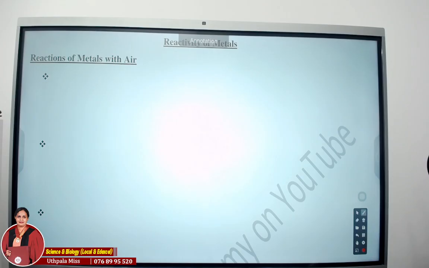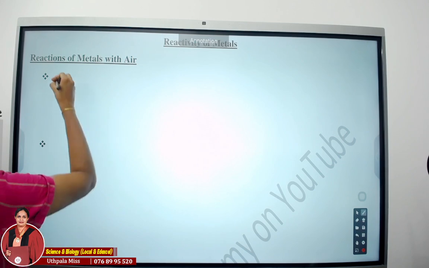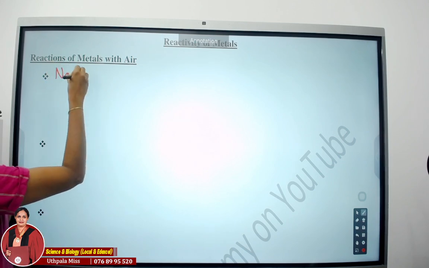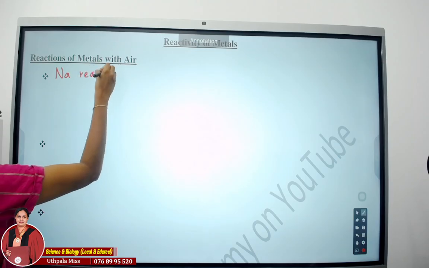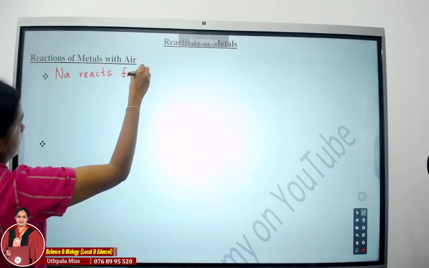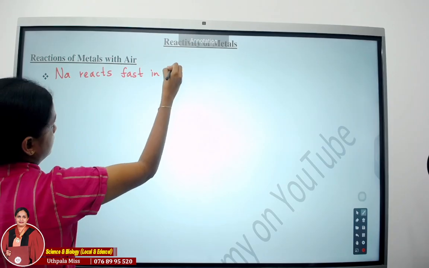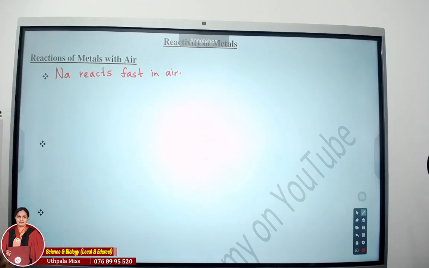Write the balanced equation for the reaction of sodium in air. Sodium reacts fast in air. So air means it reacts with oxygen in air.